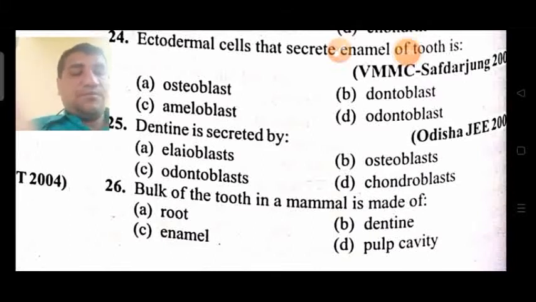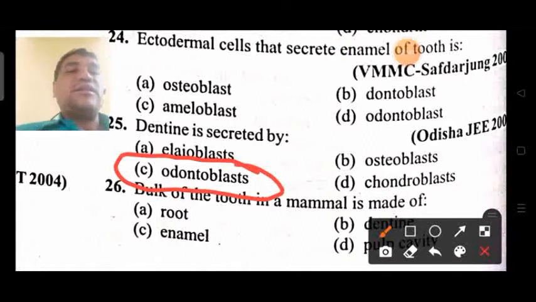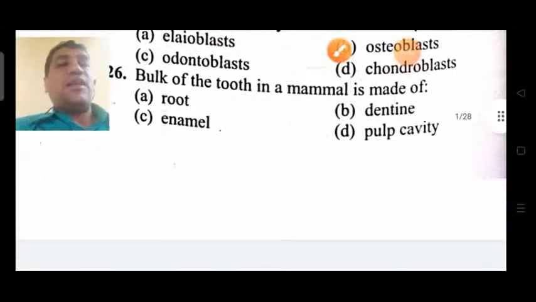Osteoblast is bone secretion, and odontoblast is going to secrete the dentin. So dentin is secreted by odontoblast.